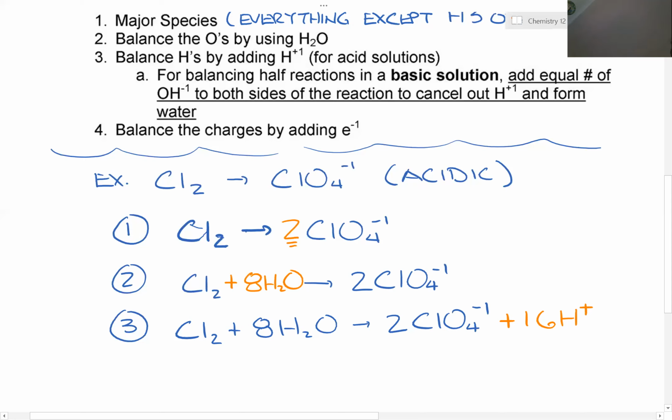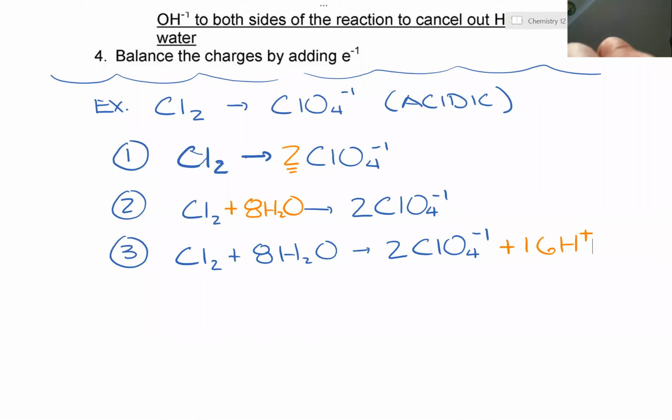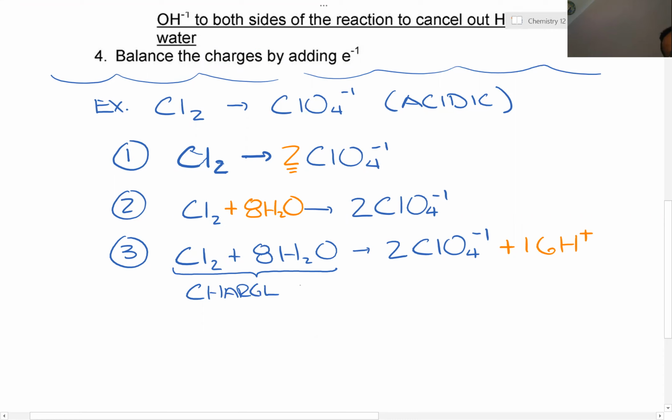Now, for step number 4, we balance out the charges. Before we do that, I take a look here. Here I have a charge of 0. Here I have a charge of plus 14.